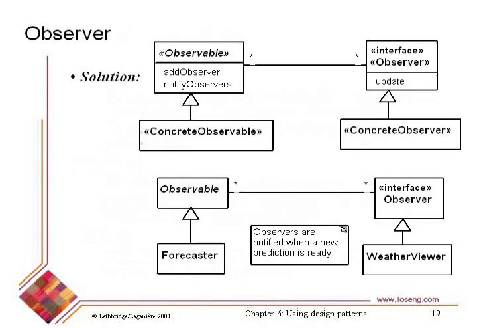Well, at the top of slide 19 is the pattern class diagram for the observable pattern. Two hierarchies: a hierarchy of observable objects, and a hierarchy of observers.